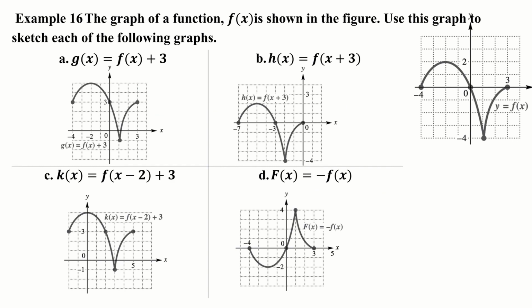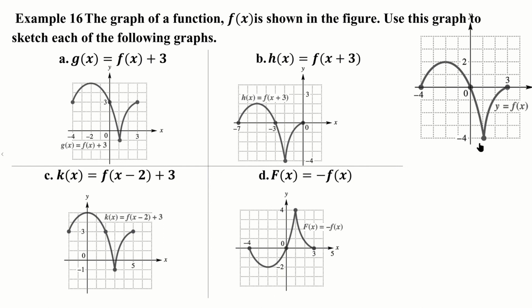All right, here's the very last thing we're going to do for the day, kind of a recap. Okay, so here we're given the graph of some function, right? We want to apply these transformations, right? So if I want to graph g of x equals f of x plus 3, what do I have to do? Remember, that's a change at the y level, so you're going to just move it up 3 units, right?